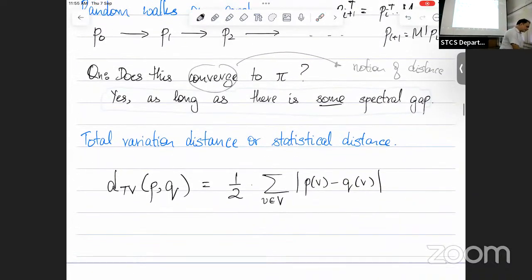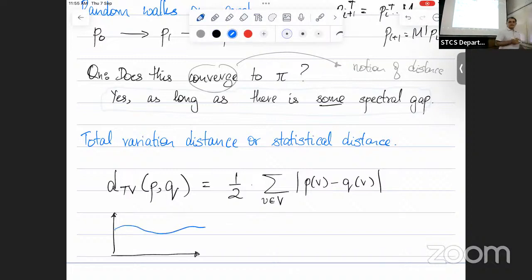A pictorial way of representing this is to think of a graph where the y-axis is the probability mass and the x-axis is a cartoon for the various points in your sample space. Maybe your distribution P looks like this, and maybe your distribution Q looks like this.